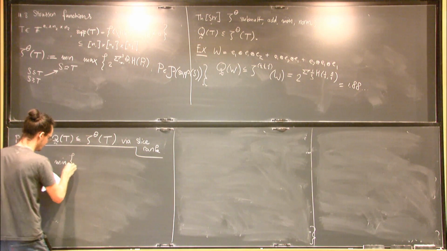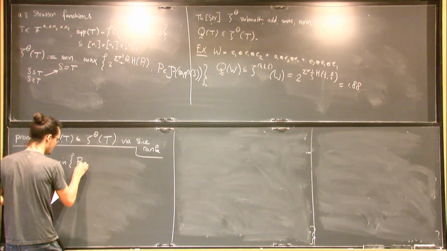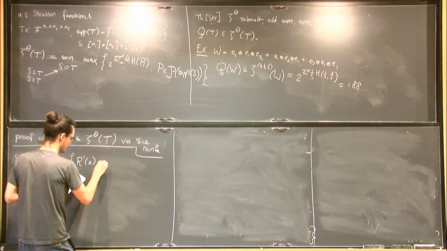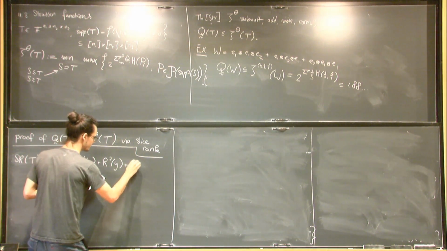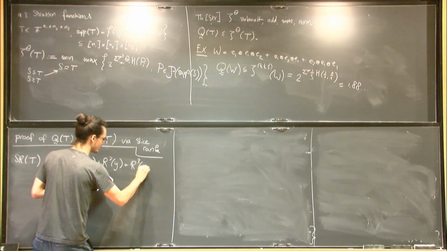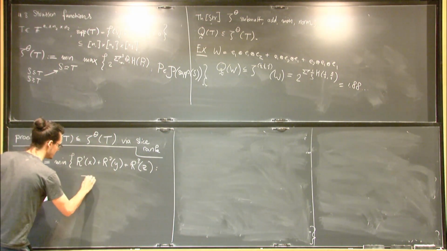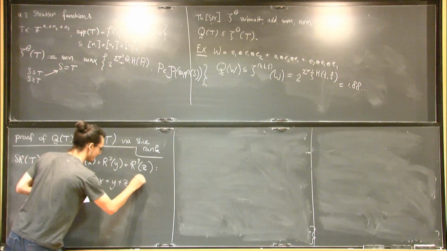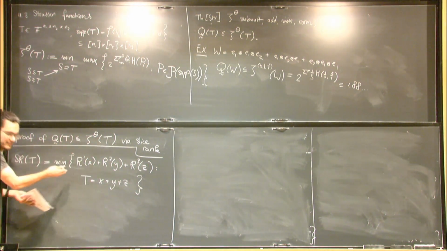It's a minimization of the sum of flattening ranks of tensors X, Y, and Z, such that T equals X plus Y plus Z. So I have T fixed.